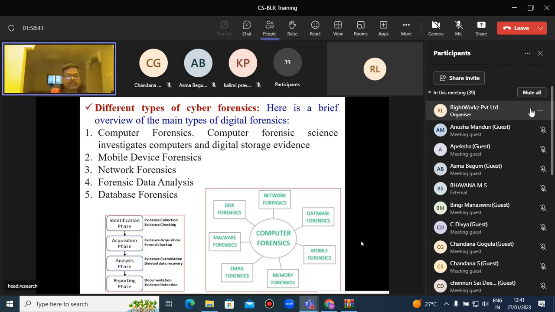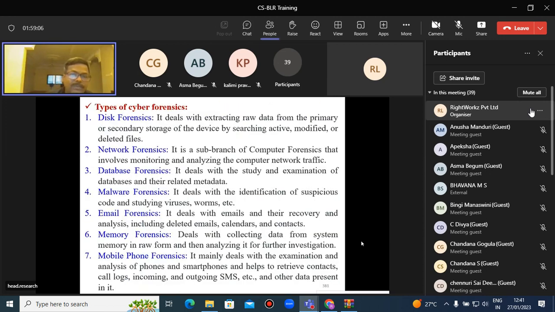Then reporting phase: once the investigation is completed, you need to submit documentation and evidence retention. Then only it is valid. Without documentation, even the court cannot believe it.